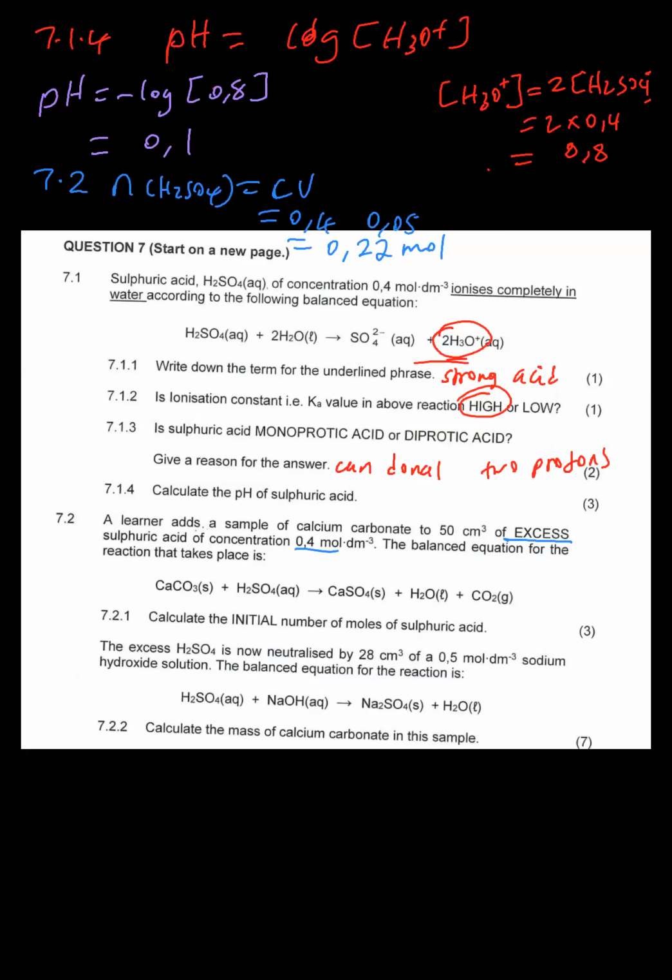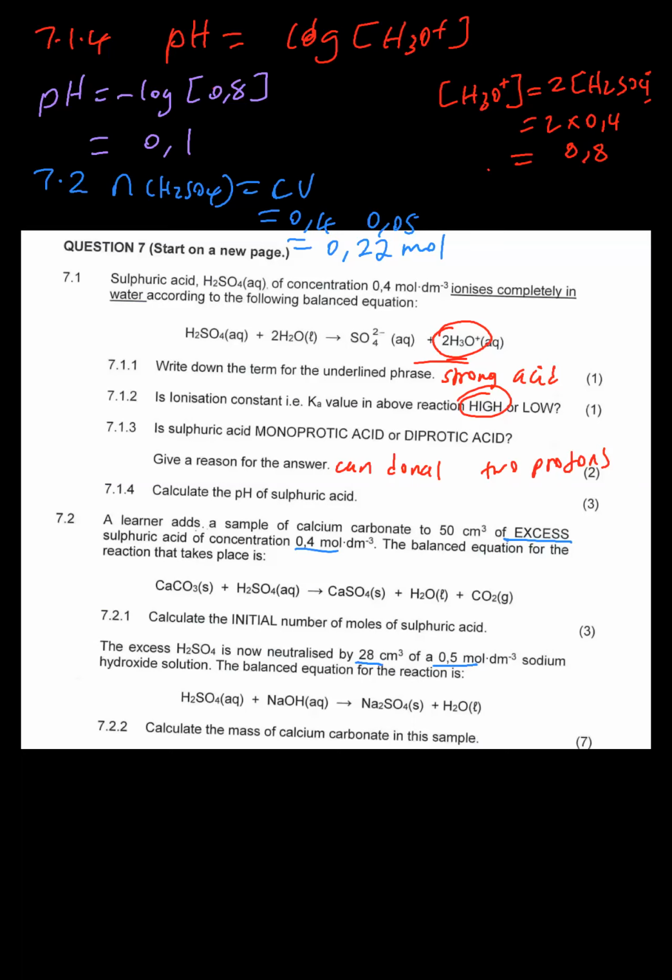It says that the excess H2SO4 is now neutralized by this volume of sodium hydroxide solution according to the following balanced equation. The question says, calculate the mass of calcium carbonate in the sample.